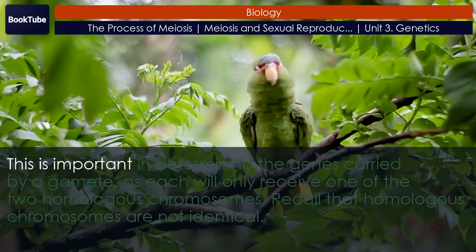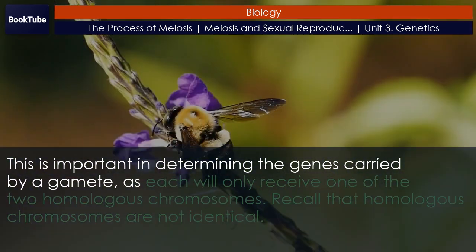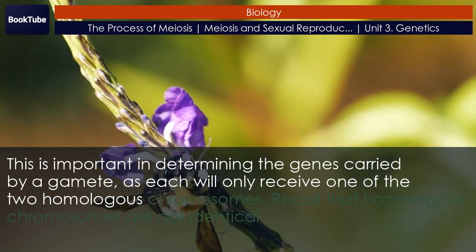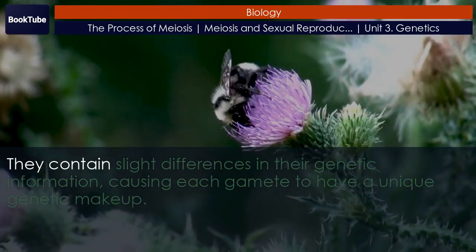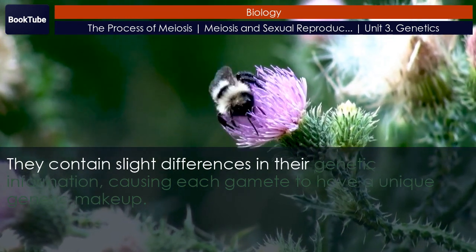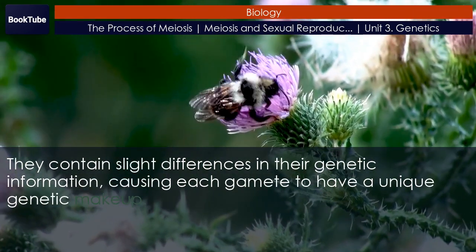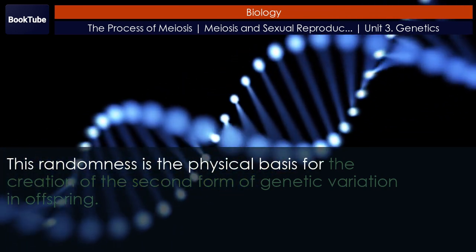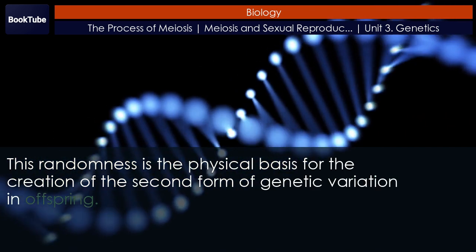This is important in determining the genes carried by a gamete, as each will only receive one of the two homologous chromosomes. Recall that homologous chromosomes are not identical. They contain slight differences in their genetic information, causing each gamete to have a unique genetic makeup. This randomness is the physical basis for the creation of the second form of genetic variation in offspring.